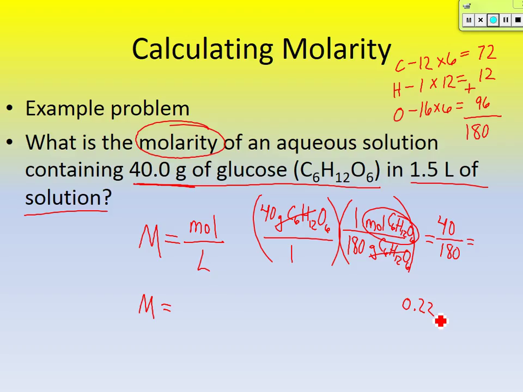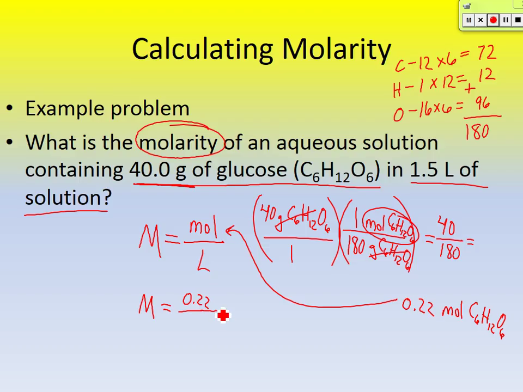Let's go to 2 decimal places. So 0.22. What are my units? Moles of glucose. Now, where do I put that in my formula? On top. So that moles number comes in on top. So I'm going to put 0.22 on top.